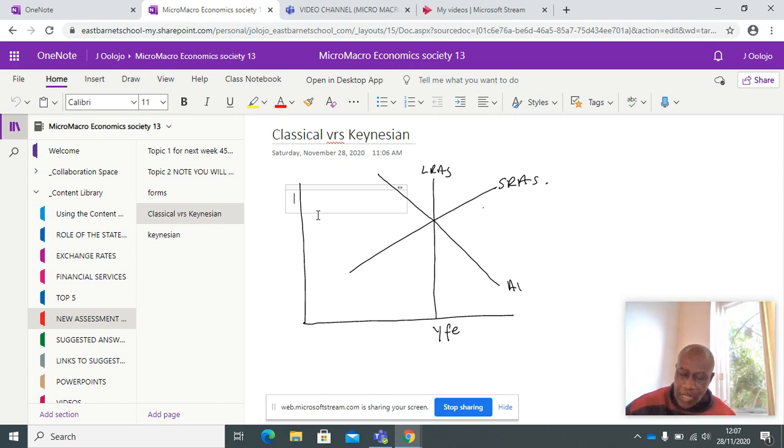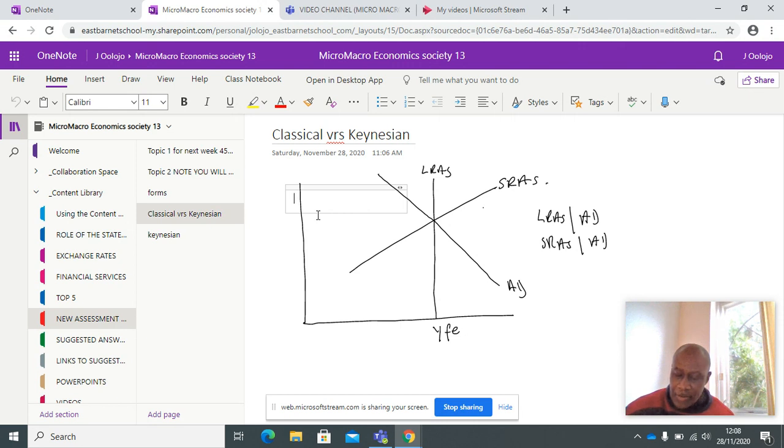AD is here, so as you can see, output is at full employment. So everybody's employed. SRAS cutting AD. Remember, there are two equilibrium points. Don't forget that: you have LRAS and AD, and you have SRAS and AD. You should all know that one.